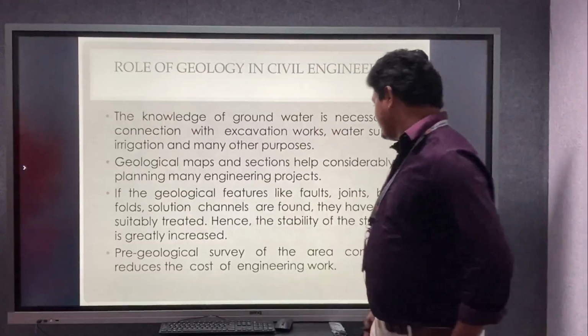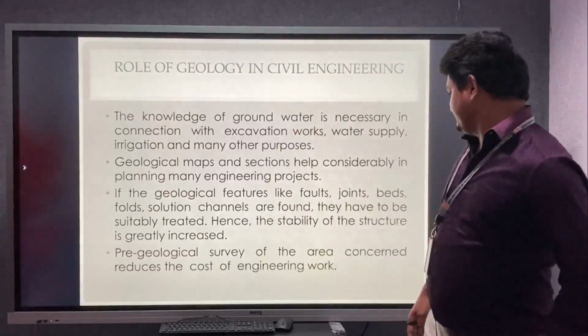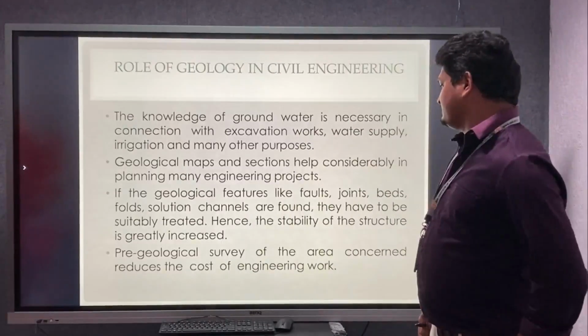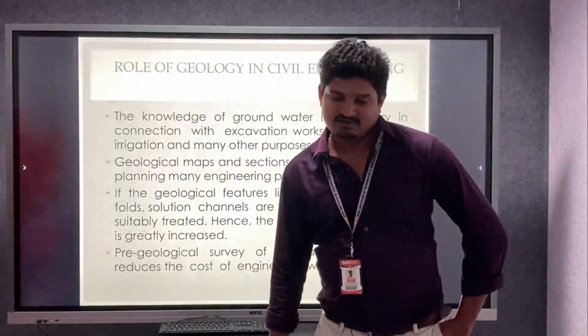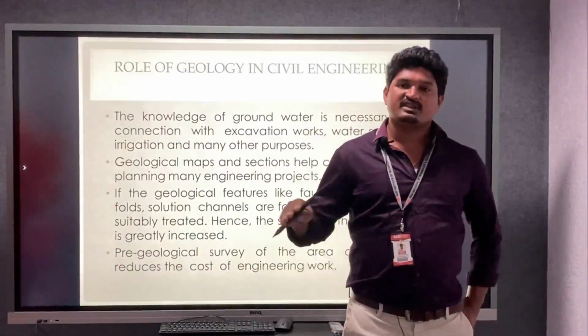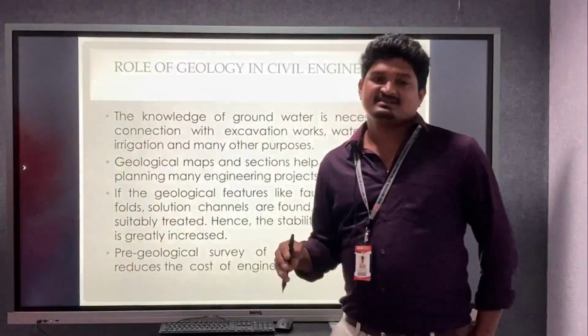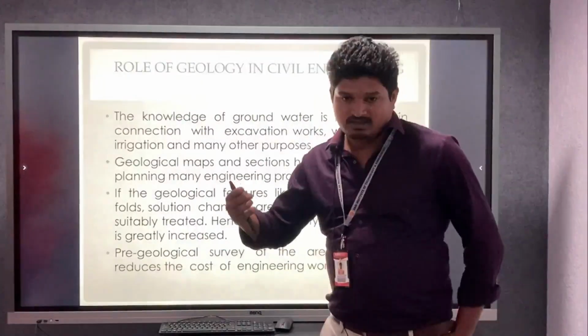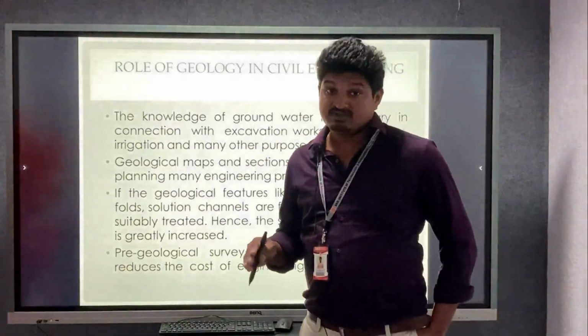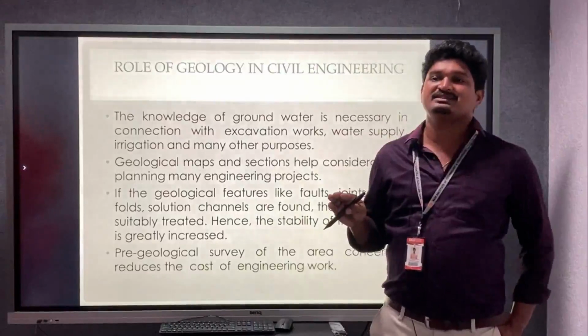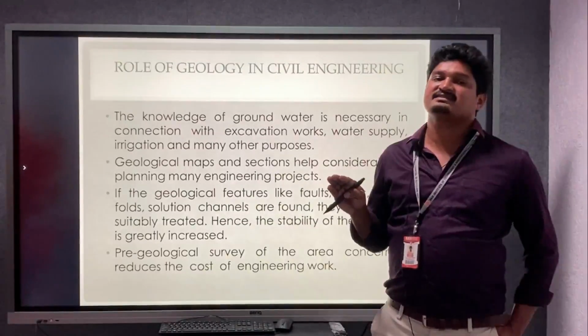And a pre-geological survey of the area reduces the cost of engineering work. For example, if you go directly to the field, there is traveling time, and finding the suitable place in a physical reconnaissance survey is difficult.